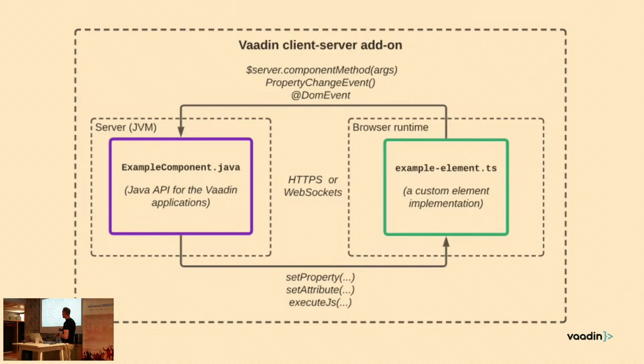There are other ways of doing it, but we have a TypeScript implementation of the custom element on the browser, and then we have the Java implementation on the server, and these communicate back and forth. The usual communication is HTTP, HTTPS hopefully these days, or WebSockets. I could even recommend turning on WebSockets immediately. If it doesn't work, then switch back to HTTPS.